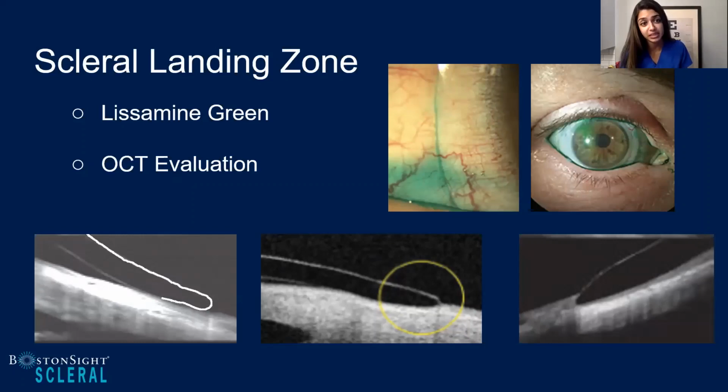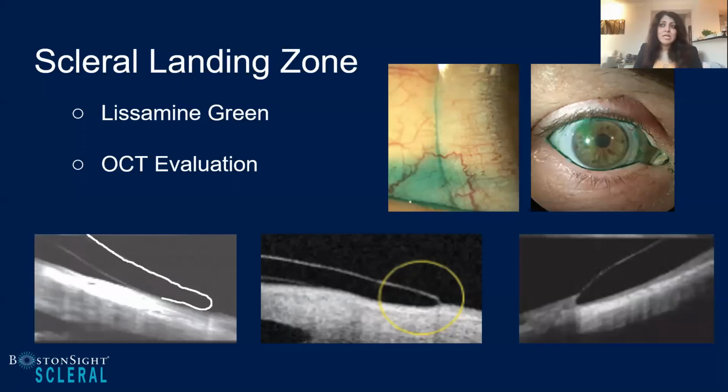So for me, lissamine green is a great way to see what that scleral lens landing zone is doing to the conj. And when you may not necessarily appreciate blanching, you can pick it up, because really the dye does not lie. Yeah, it's really, really true.